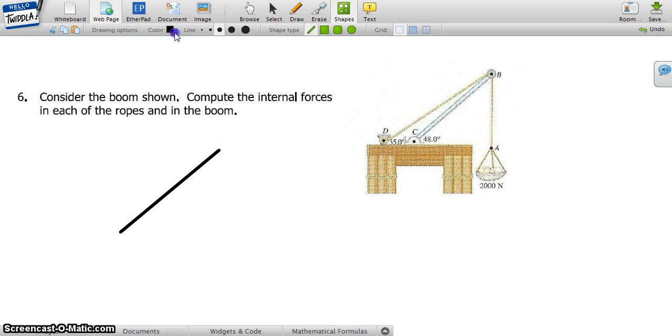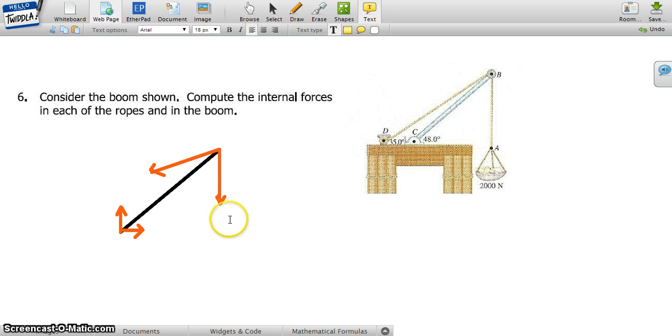And there would be a force here of tension. There would be a force here of tension. There would be a possible upward force here at the hinge and a force horizontal at the hinge here.